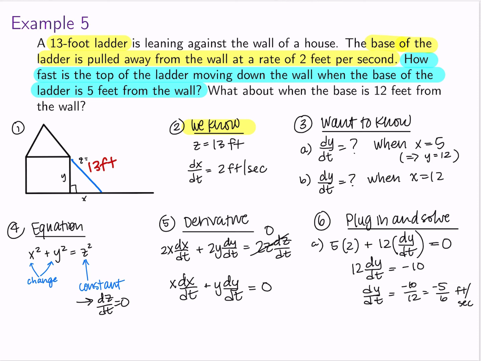Now, does it make sense that it is negative? Well, yeah, I'm talking about y. How is y changing? If we're pulling the ladder out this way, then the top of the ladder is going down, which means y is decreasing. And that decreasing is represented by a negative rate of change.